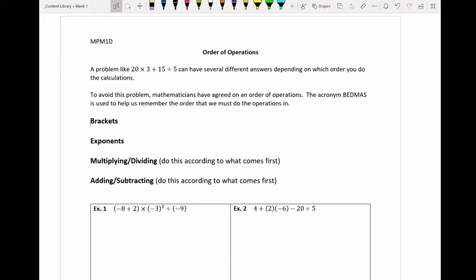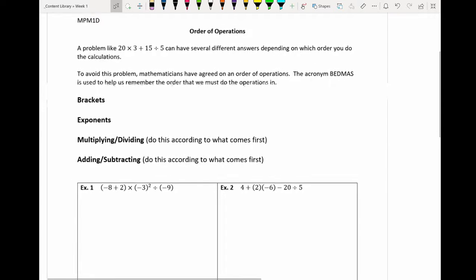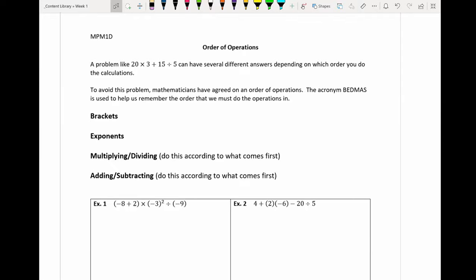But to avoid this problem, mathematicians have agreed on an order of operations. So while you may have different answers, there is technically only one answer that is correct based on this order of operations. The acronym BEDMAS is used to help us remember what order we must do the operations in.